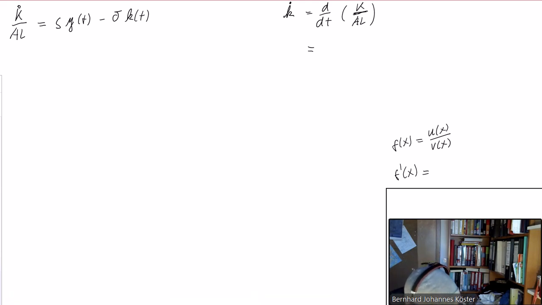So this is u prime times v minus u times v prime over v squared.